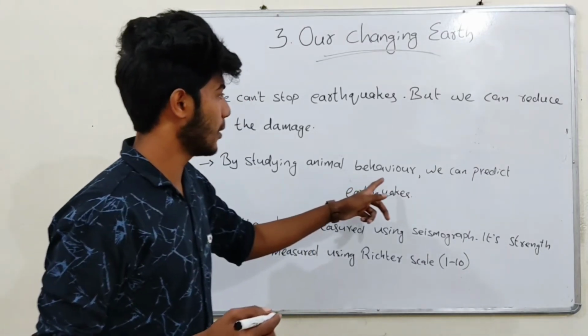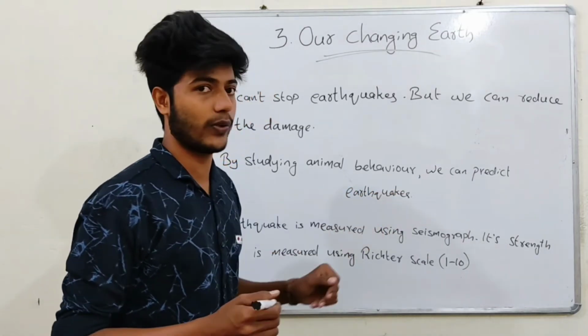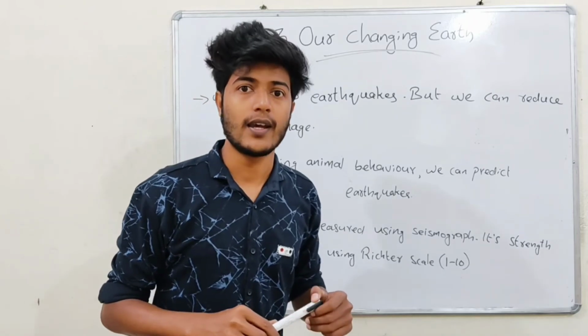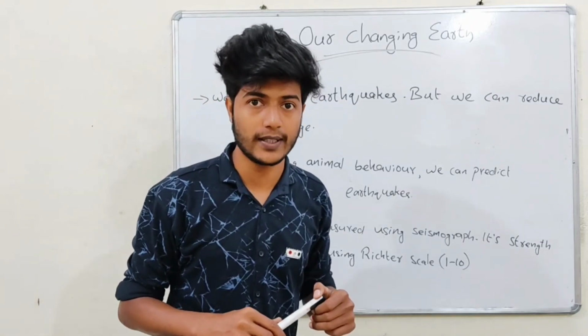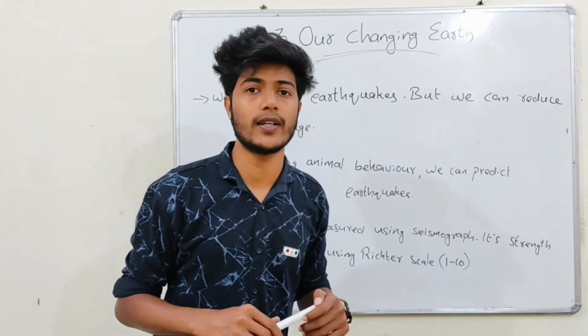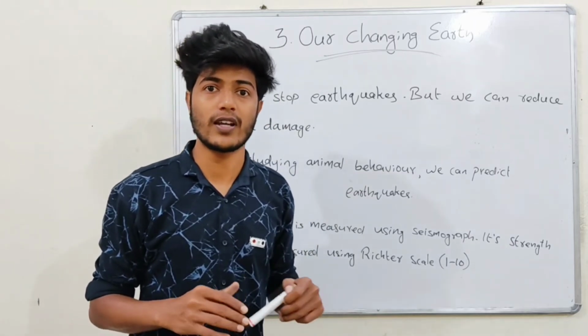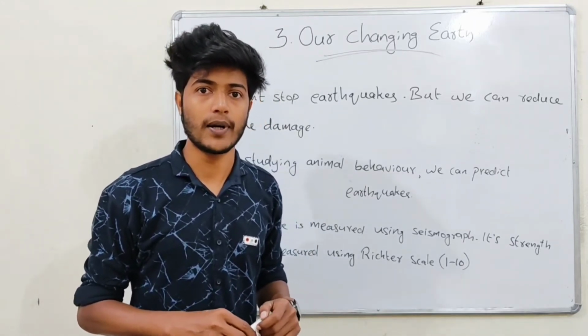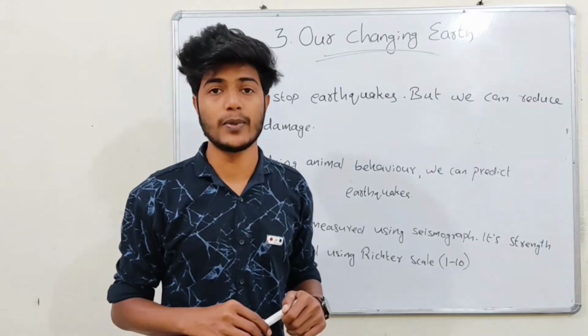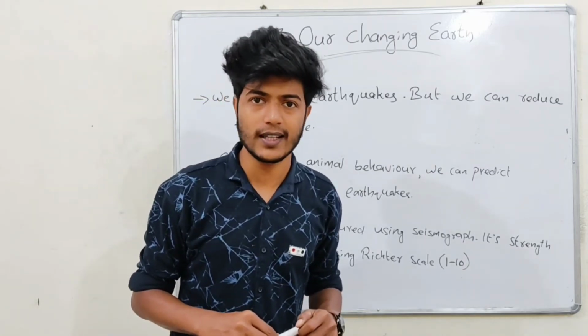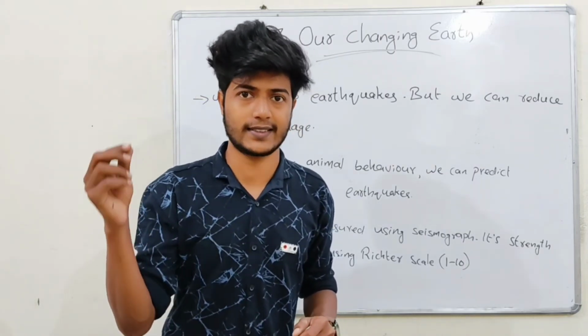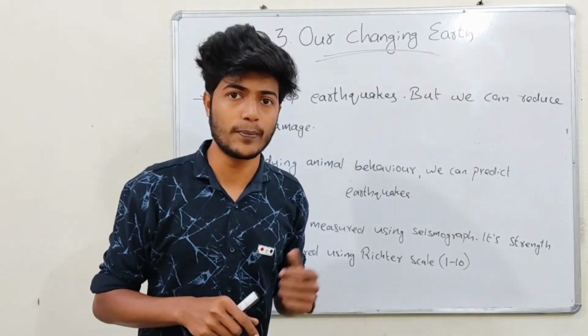By studying animal behavior, we can predict earthquakes. Listen, earthquakes can never be predicted. We cannot predict when earthquakes will happen, but by studying animal behavior, we can predict earthquakes to a certain extent. It may not be perfect.